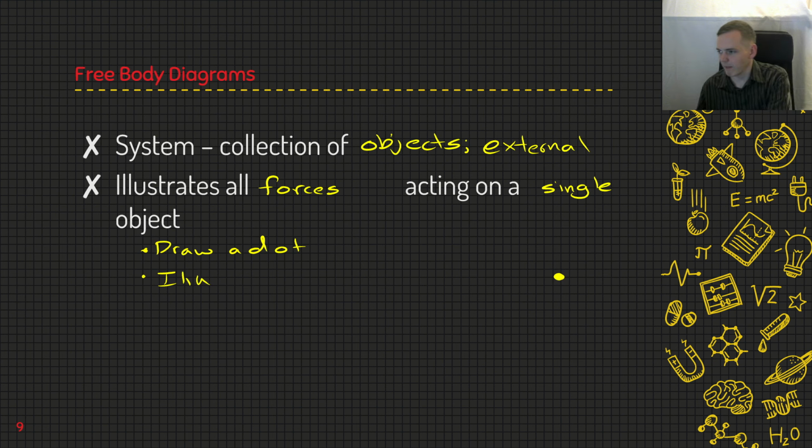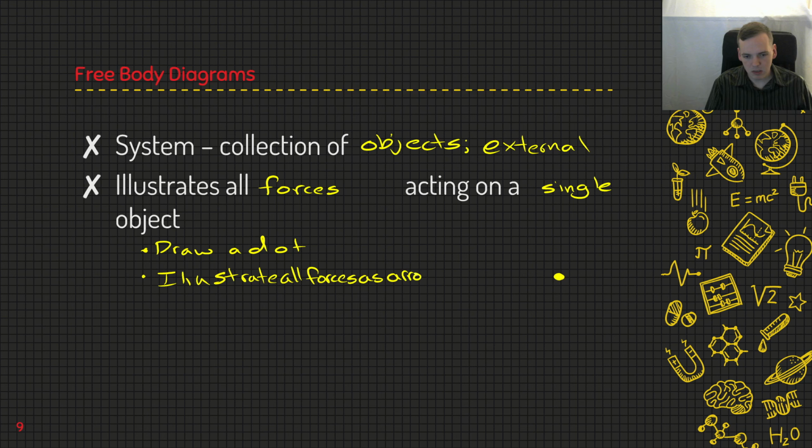Then we illustrate all forces as vectors, and specifically vector arrows. So all forces are depicted as arrows. The arrows begin at the dot and extend outwards.